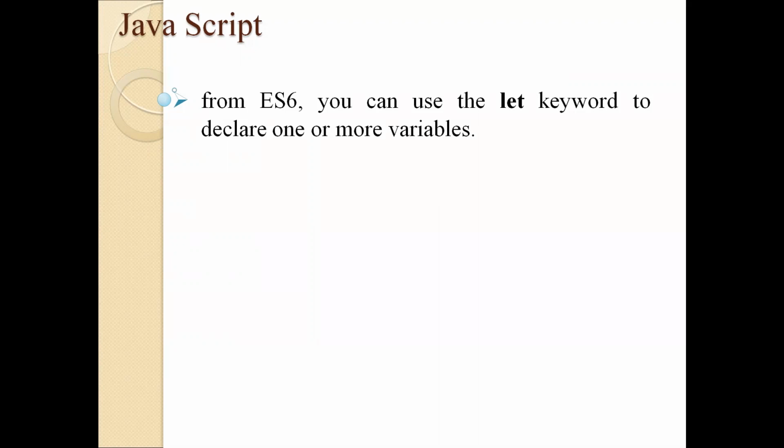We can use a keyword called let, L-E-T. We use this keyword in order to declare one or more variables. I will show in the example how one or more variables can be declared by using a single let keyword. Let us complete this slide and then move to the example.